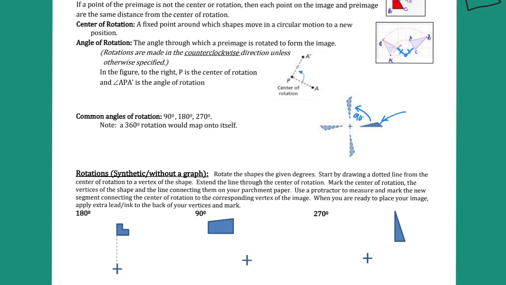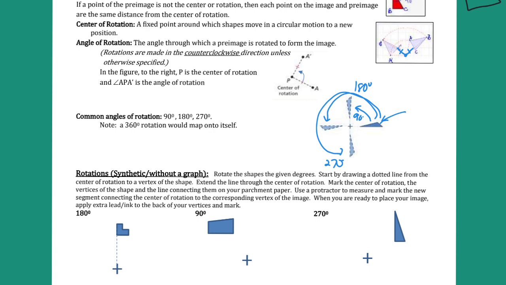That's a common thing to do. 180 degrees would be another, and that's what it would look like if you rotate it through 180 degrees. Again, you put the closest point on a stick, and you rotate that stick the number of degrees. That's probably the easiest way to think about it. And then from this point, you could also have gone 270. Those are the three most common degrees to move. If I said, move it 360, you wouldn't have to move it at all, so we don't normally do that because it's kind of weird.